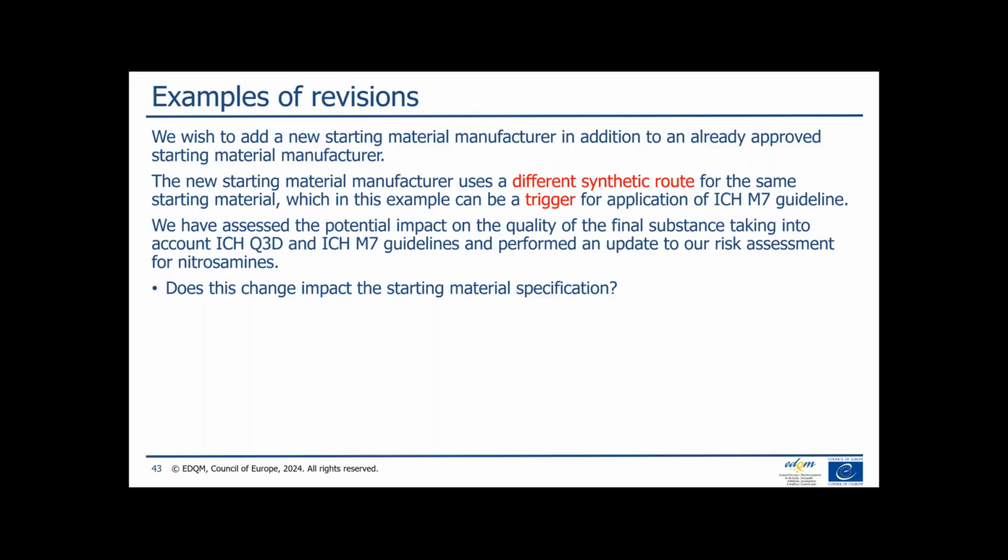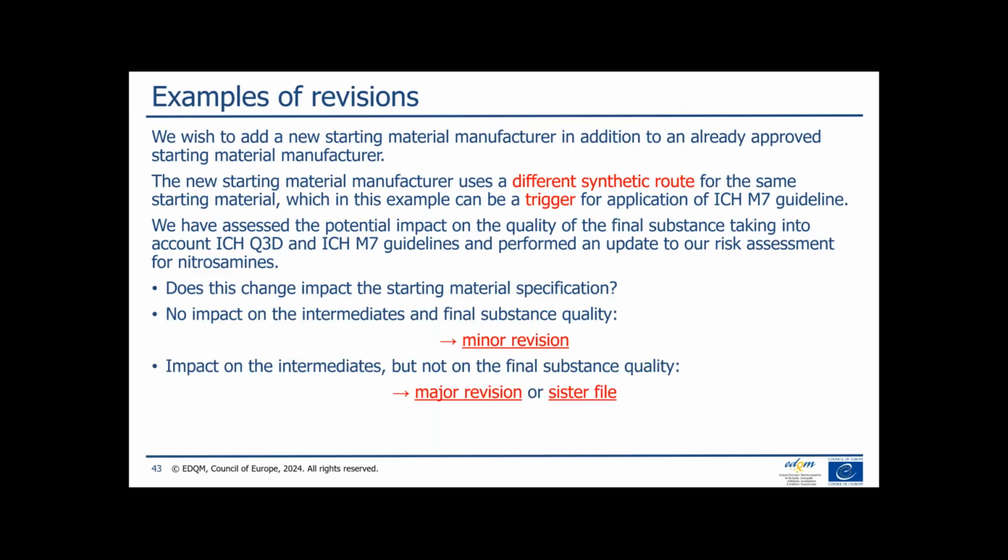Then the first thing which we should also think is whether this change in synthetic route impacts the starting material specification. And then the second thing, whether this impact on the specification further impacts control strategy of impurities in the process, how this then influences the quality of the final substance. If there is no impact on the intermediates and final substance quality, this can be a minor revision.